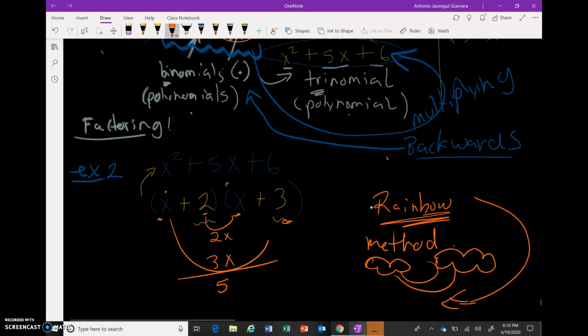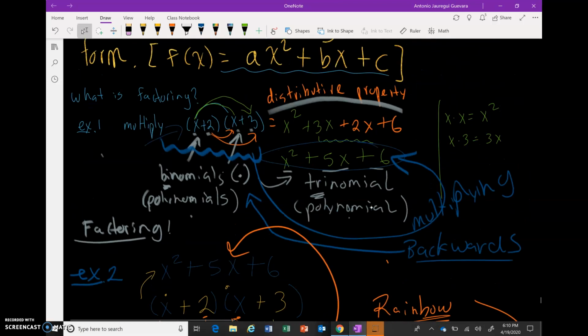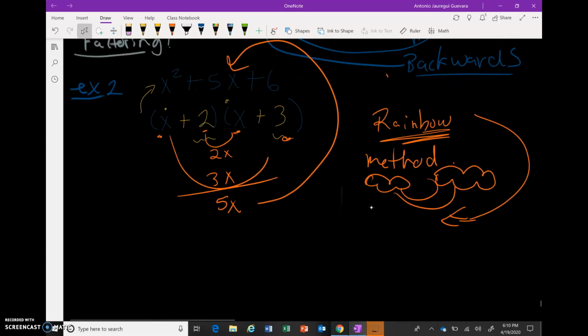When you add them up, you get 5x, and guys, that is your middle term. So that is called factoring, when you go from a trinomial to a binomial. That's what we call factoring right there.